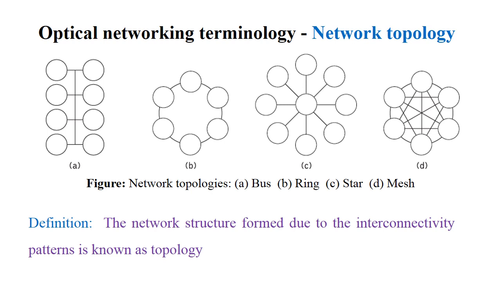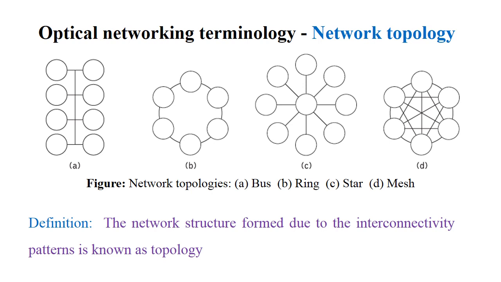Now starting with the first one, A. In the bus topology, there will be a common line going at the center, and on either side we are going to have the nodes. In case of ring topology, it will have a ring structure. From one node to another node, there will be a dedicated path, and that will keep connecting to one another, forming a circular manner.